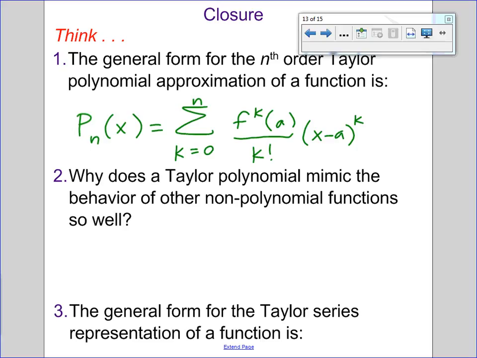A derivative tells us about the behavior of the original, and a Taylor polynomial is based on the value of the function's derivatives. At x equals a, basically we're telling the function what to be, right? We're using the exact behavior of the original in order to construct the polynomial, and that's why a Taylor polynomial mimics a transcendental function so well. We're using the original function's value and all of its derivatives' values to construct the polynomial.